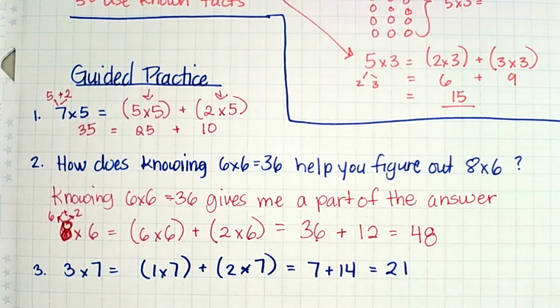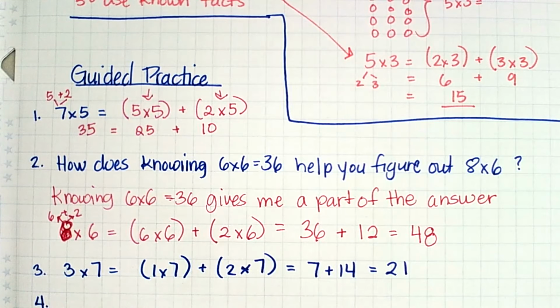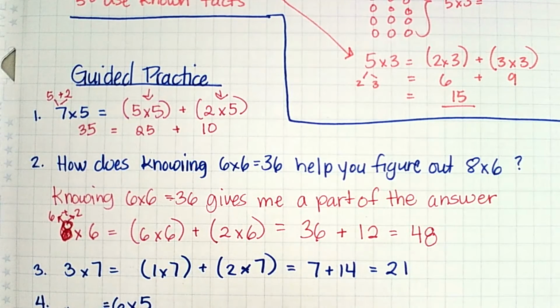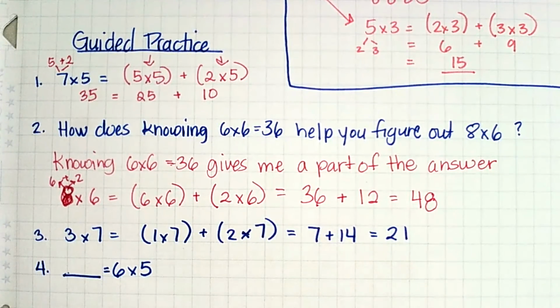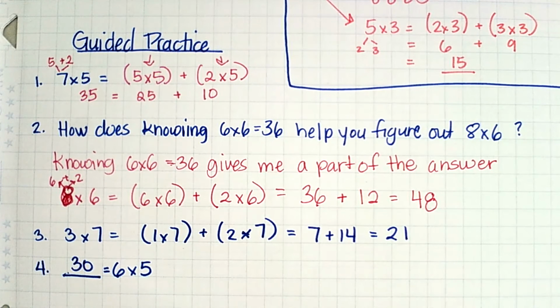It's going to give me 21. Number 4, we're finding the product of 6 times 5. I know I can skip count by 5 6 times. So 5, 10, 15, 20, 25, 30. And I know that I'm going to get to 30. So I used my known facts. I used my 5 multiplication facts to find that answer.